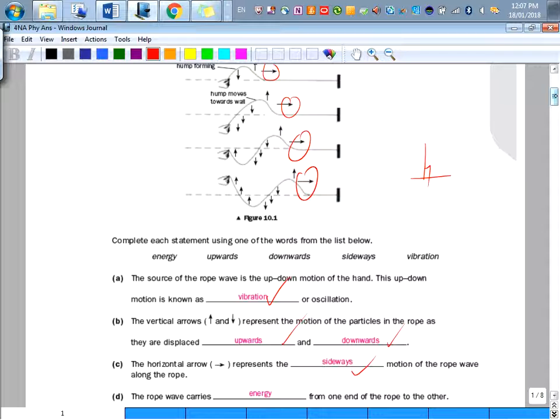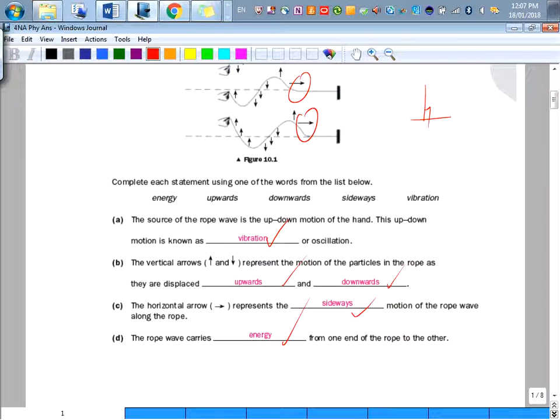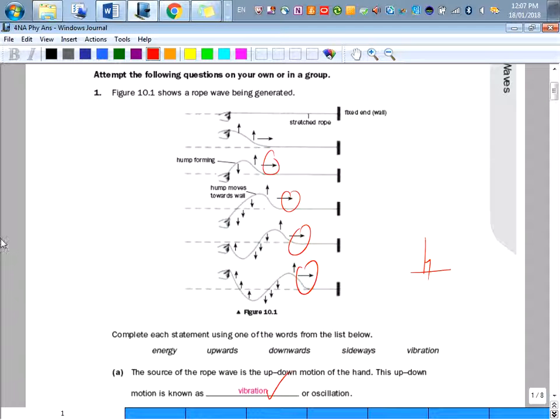Okay, back to this. The rope wave carries energy from one end to the other. So as it carries the energy, do the particles move from left to right? You see, over here, he started off with a flick, right? So this flick over here, this crest, actually travels moving to the right.